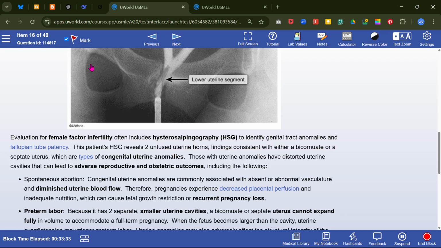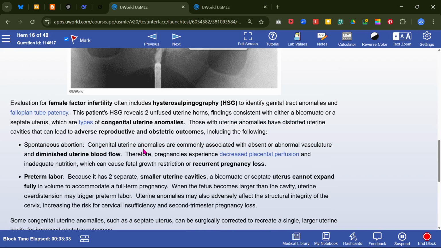Those with uterine anomalies have distorted uterine cavities that can lead to adverse reproductive and obstetric outcomes, including spontaneous abortion.